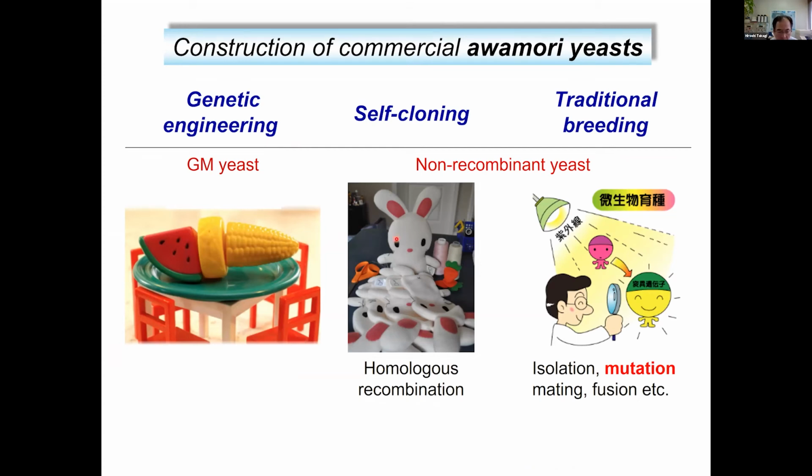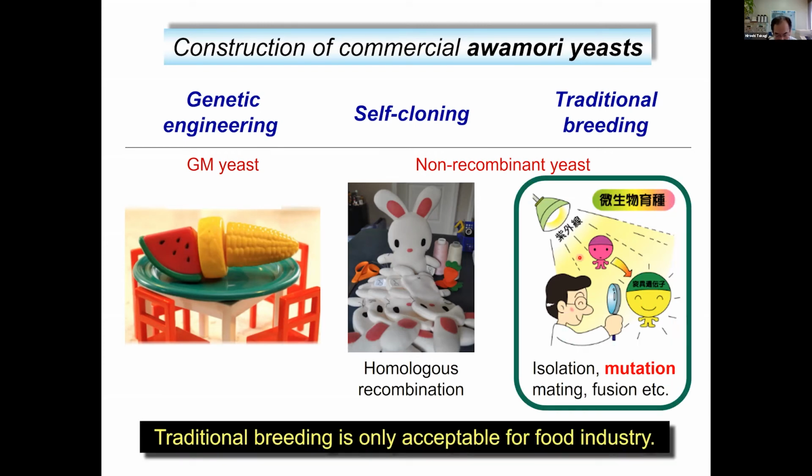According to the Japanese government guidelines, self-cloning yeast does not have to be treated as GM yeast because the self-cloning processes are considered to be almost the same as naturally occurring gene conversions. However, the food industry has not yet accepted self-cloning yeast. So I constructed our awamori yeast strains by conventional mutagenesis, which is a widely acceptable method of yeast breeding for food industries and consumers.